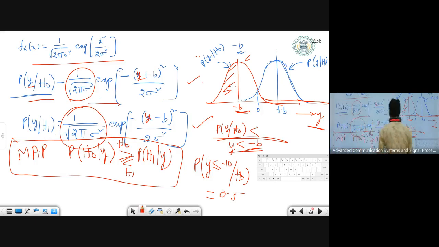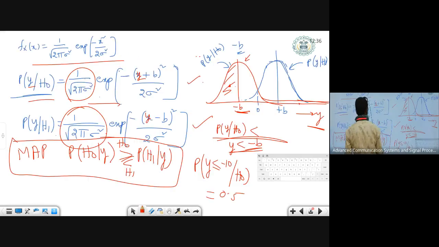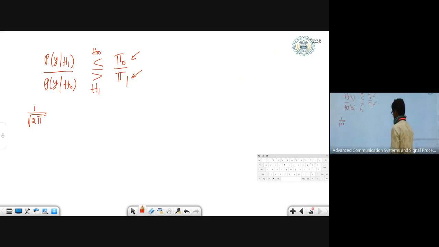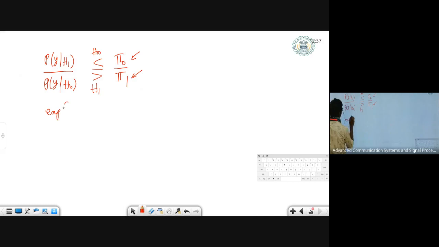Only these two will be remaining, so I will write only these two. Let me take the eraser. Okay. So here, exponential of minus x minus b whole square by 2 sigma square.